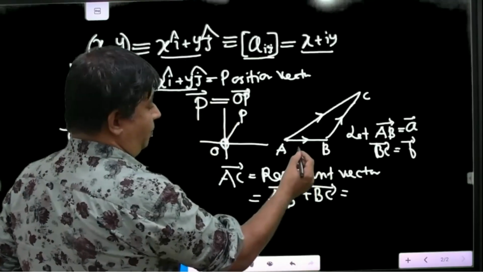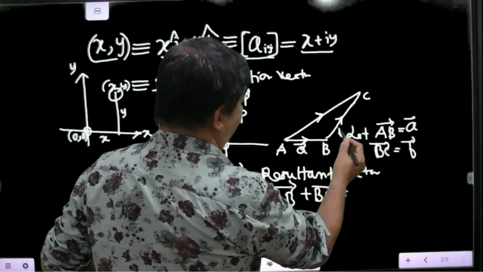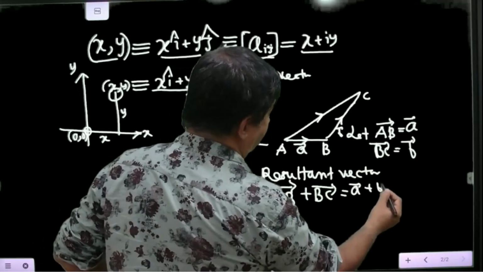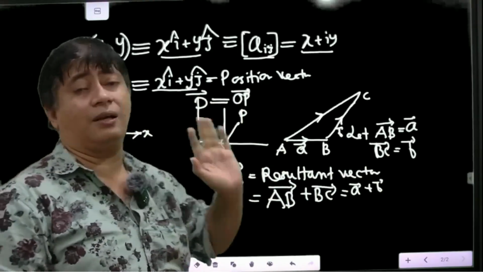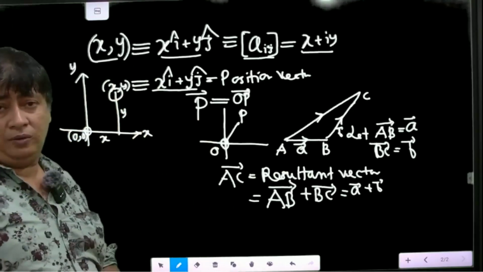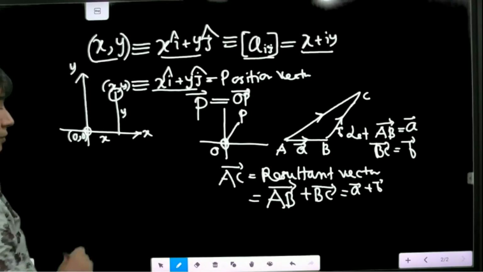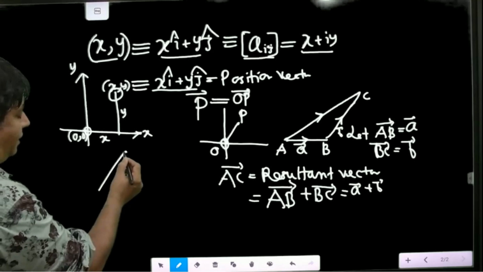That means AB is A, BC is B. That means A plus B. Okay, AC is A plus B. That is called resultant vector. Okay. Now, what about the triangle law? Suppose there is a triangle like this.